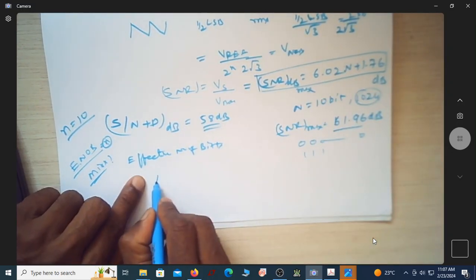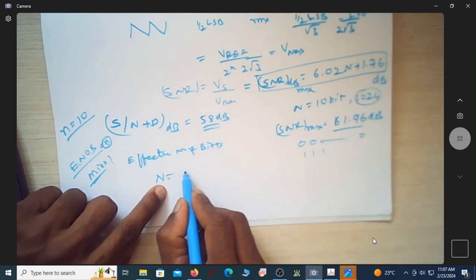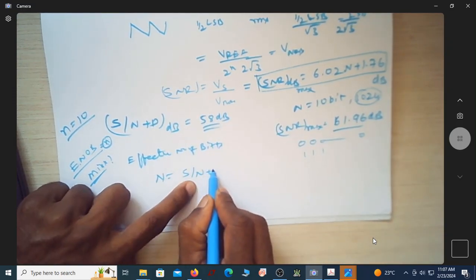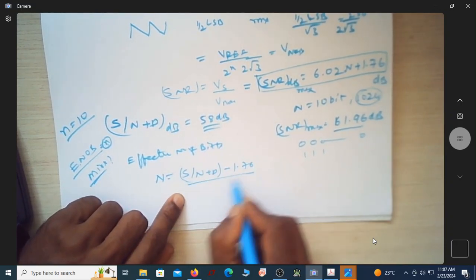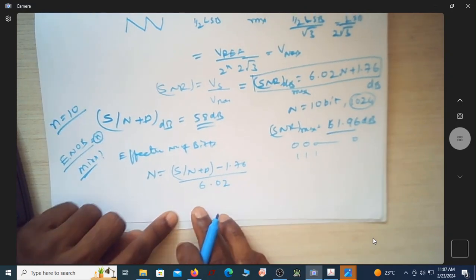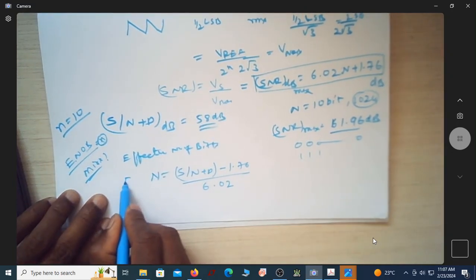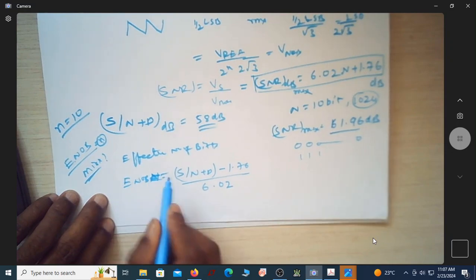So just get the value of n here. It is signal to noise ratio plus distortion minus 1.76 divided by 6.02. So this is actually ENOB.